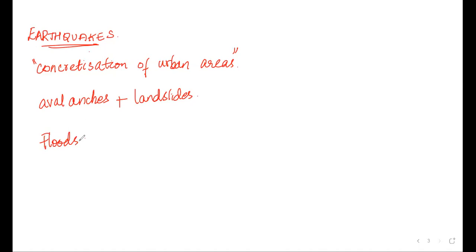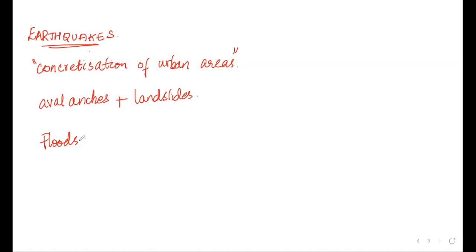So the best example is the tsunami of December 2004 that happened in the Indian Ocean. The entire portions down south in Kanyakumari, Ramanathapuram district, back in the Trivandrum region of Kerala, then the Kanyakumari, Thoothukudi, Ramanathapuram coast, right up to Odisha, we felt the damages caused by the December 2004 tsunami.